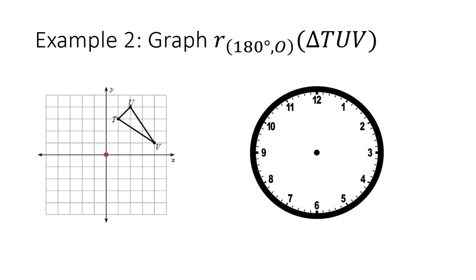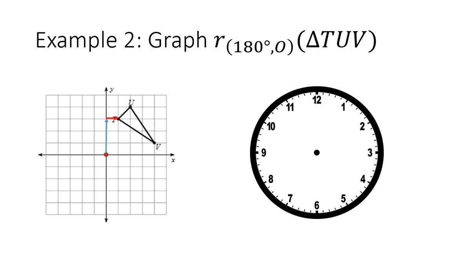And so I'm going to start with point T, and point T is 3 units up, pointing towards the 12 on the clock, and then I go 1 to the right, pointing towards the 3 o'clock. When I do a 180 degrees counterclockwise, it doesn't matter with 180 degrees, counterclockwise is the same as clockwise.